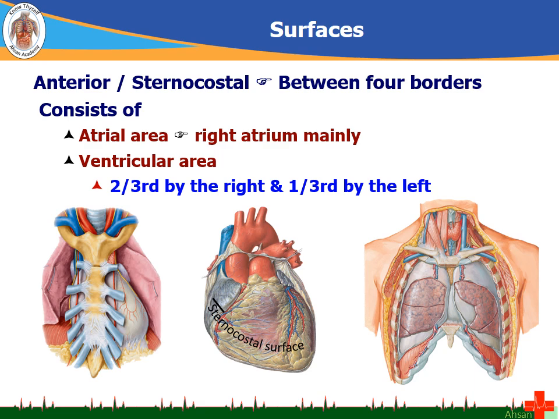Let me show by the arrow. The black arrow shows the atrial area, the yellow arrow indicates the right ventricular area, and the last dark arrow indicates the left ventricular area. So the total surface is known as the sternocostal surface.